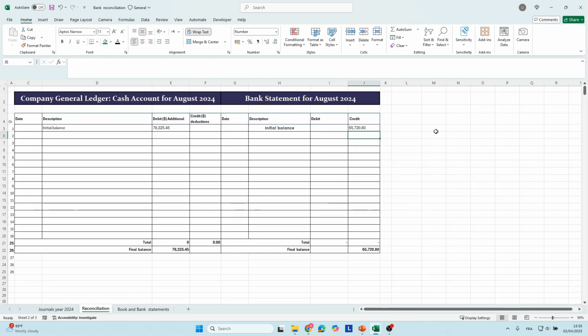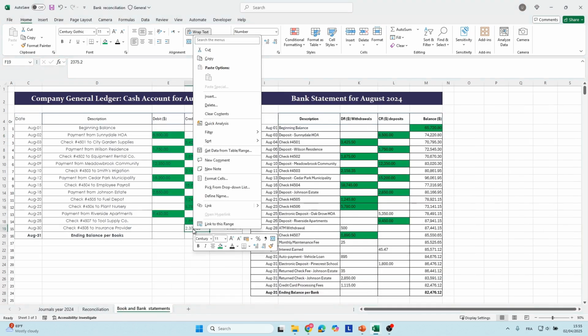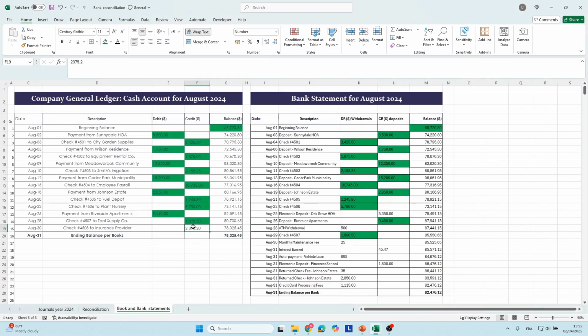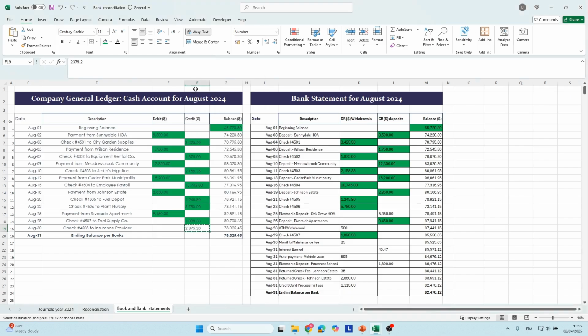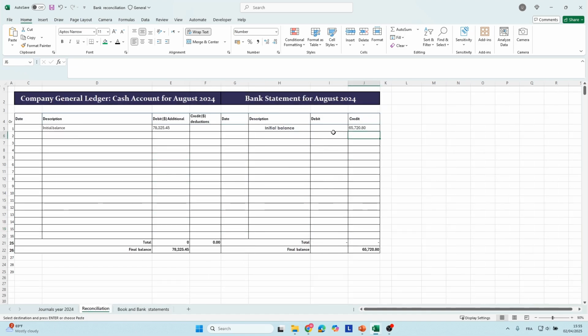Then we continue our reconciliation. We said that there is an amount of 2,375, which is not yet shown in the bank. So we need to deduct this amount from our bank account. So we go to the bank account. Because we deduct it, it will be shown in the debit because we will reduce our balance.